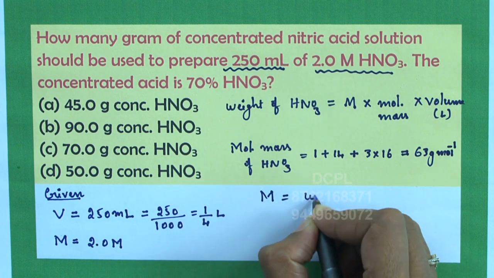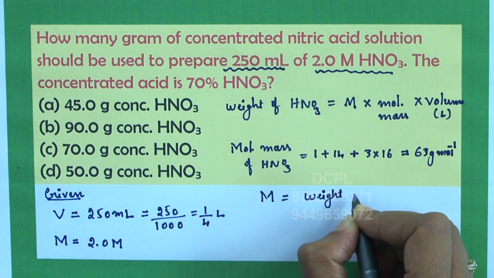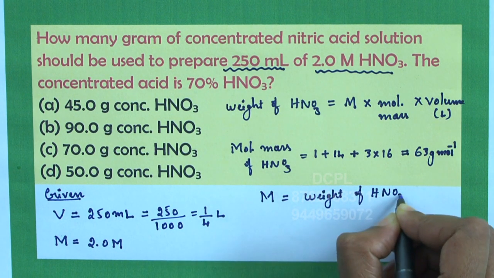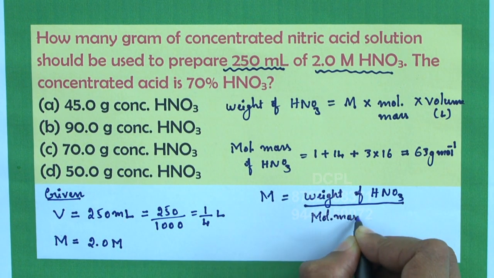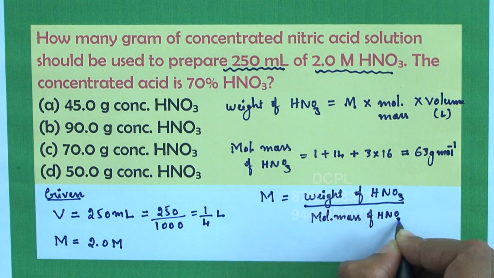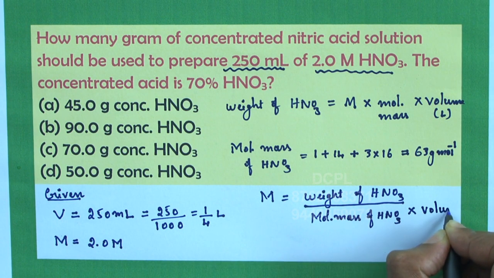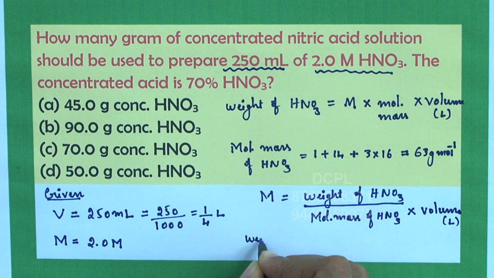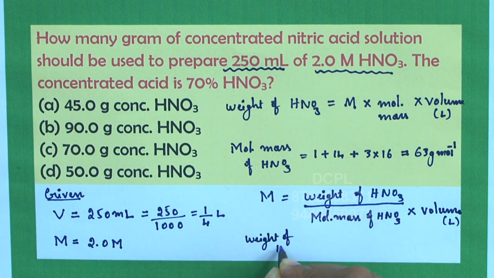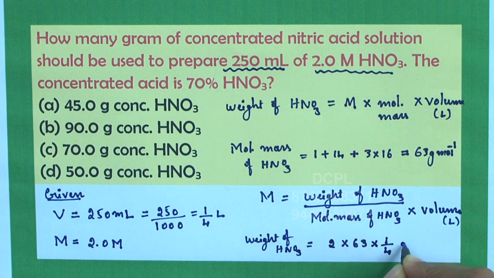The molarity can be given as weight of HNO3 divided by molecular mass of HNO3 into volume of the solution in liter. So, let us substitute for that. Weight of HNO3 is two into 63 into 1/4 gram, which is equal to 31.5 gram.